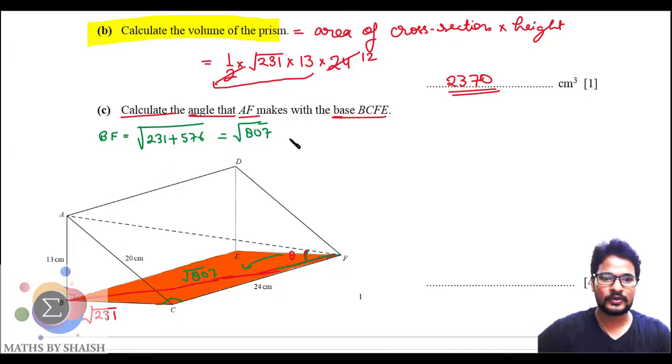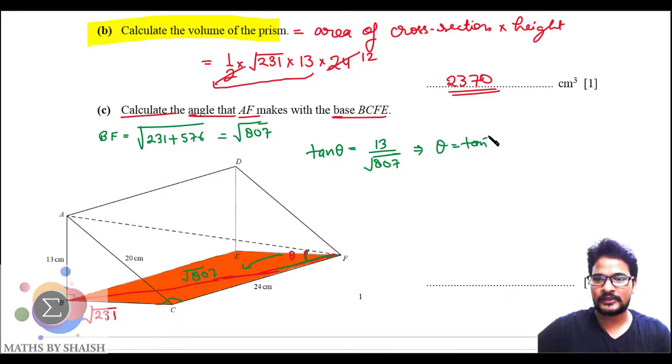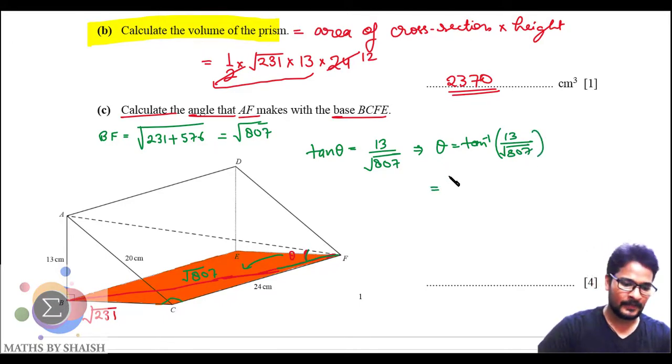And for this theta we have the base and opposite. So by SOHCAHTOA we can get tan theta. So tan theta is 13 over root 807, which means theta is tangent inverse of 13 over root 807. Now you can calculate this.